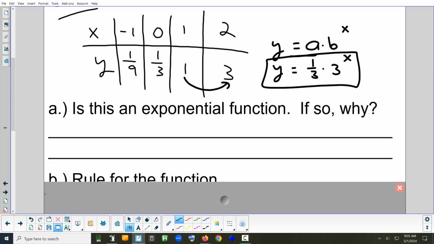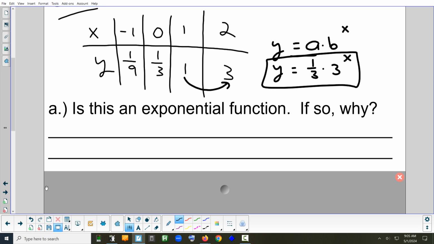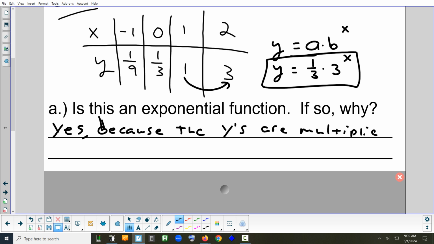All right. Well, that's the question I just asked you. So is this an exponential function? The answer was yes, because the y's are multiplied by 3 each time.